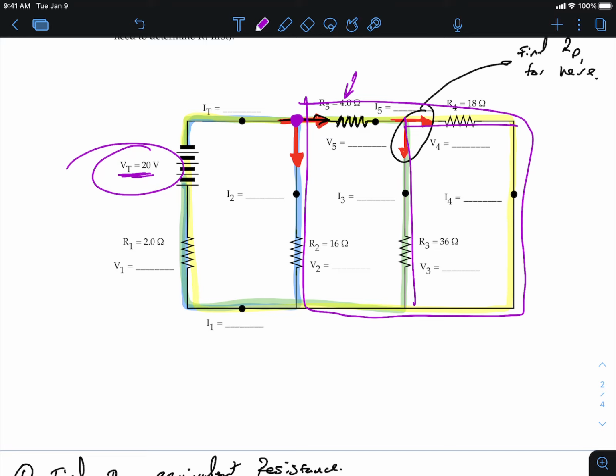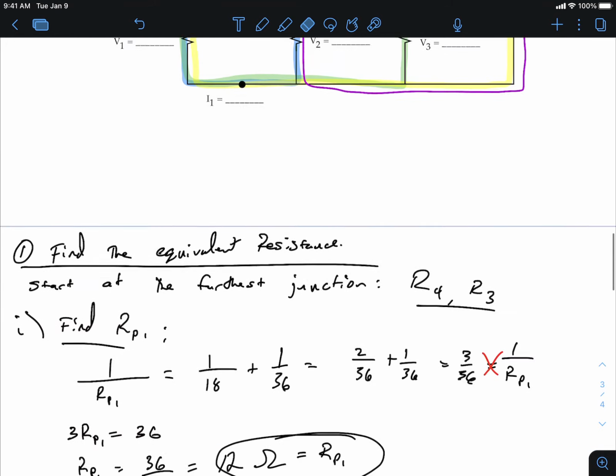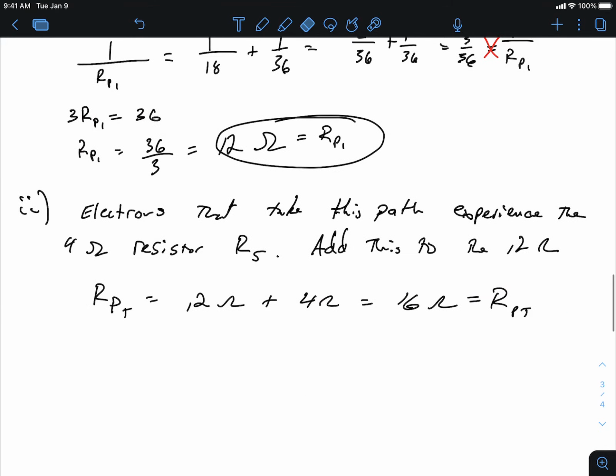So the best we can do, Jagger, is figure out what it is going to experience as we hook this thing up, knowing that I can't find which path it's going to take. So I have to take it all into consideration, and that's what equivalent resistance is. If they take this path, they're going to experience 12 ohms of resistance. 16 ohms, 16 ohms. Okay, this number here.